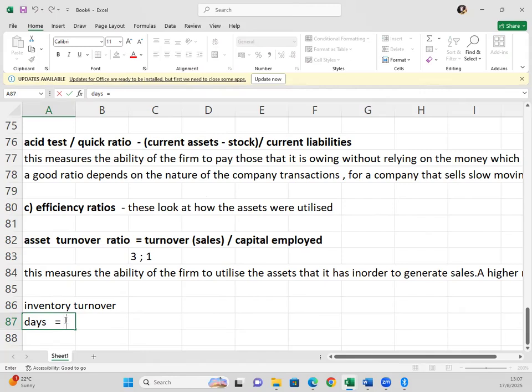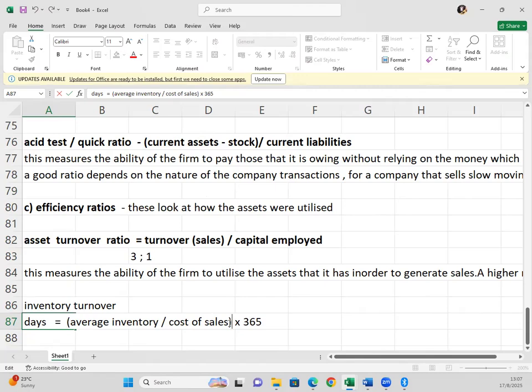So calculating how many days we are taking with inventory, we say the average inventory over cost of sales, times 365. So this will give us how many days we are taking with inventory in our warehouse.